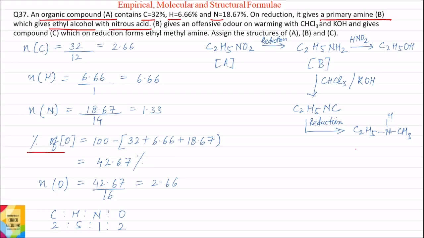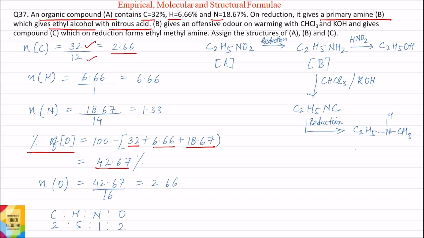So, percentage of oxygen will be equal to 100 minus (percentage of carbon plus percentage of hydrogen plus percentage of nitrogen), and this is equal to 42.67%. Now, we will find out the moles of carbon, hydrogen, nitrogen and oxygen. तो moles of carbon होगा percentage of carbon divided by atomic weight of carbon, which is equal to 2.66 moles.